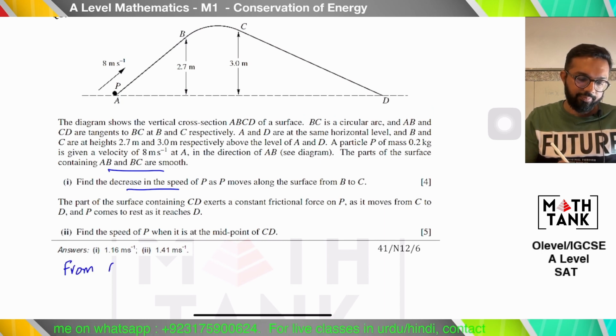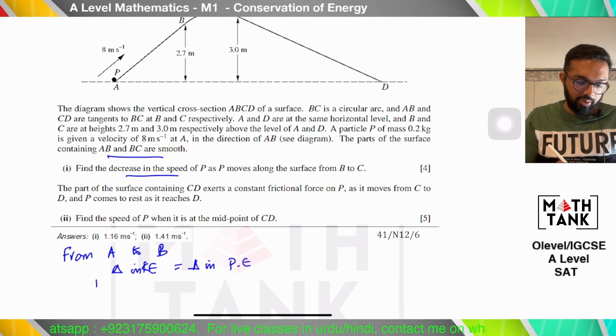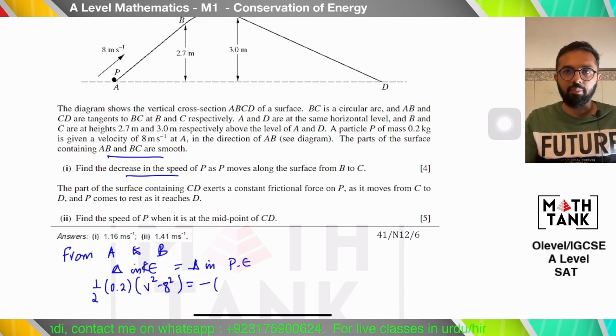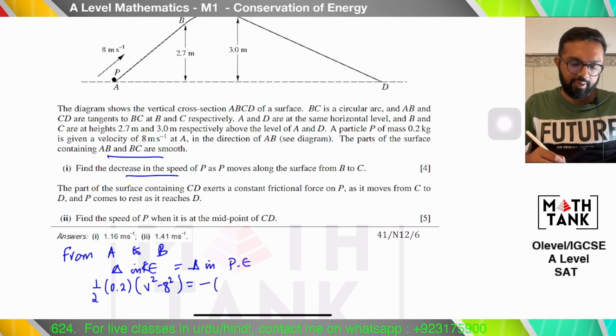So from A to B, I can say that the change in KE should equal the change in PE. I just have to be careful about the positive and negative signs because KE is certainly going to decrease since it's climbing up. Half m (v squared minus 8 squared), so minus, because PE was positive and I had to create an equivalency, so minus m g h.